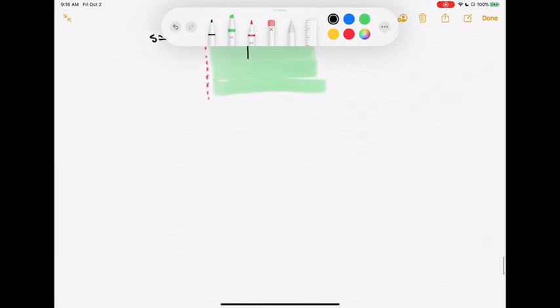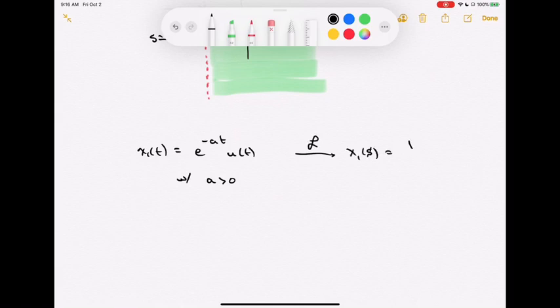Let's summarize this one very quickly. I had x1 of t equal to e to the minus at u of t, with a greater than 0 and real. We found that it had a Laplace transform X1 of s equal to 1 over s plus a, with a region of convergence real part of s greater than minus a.